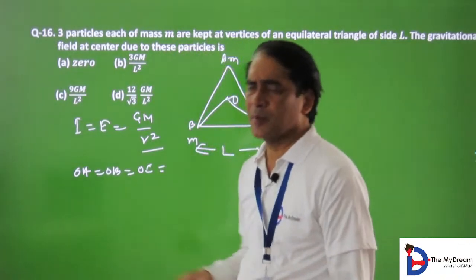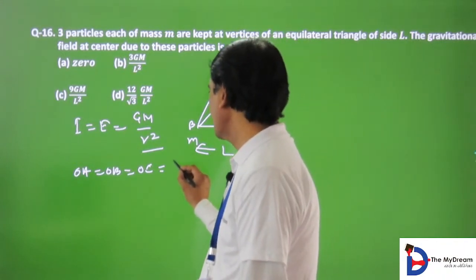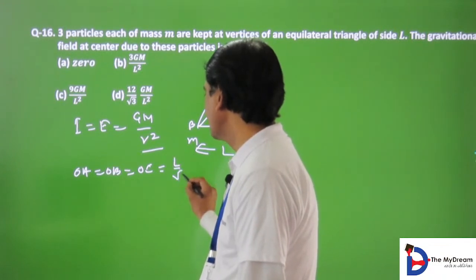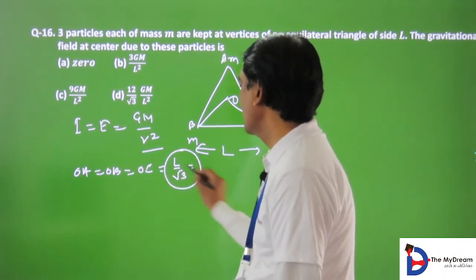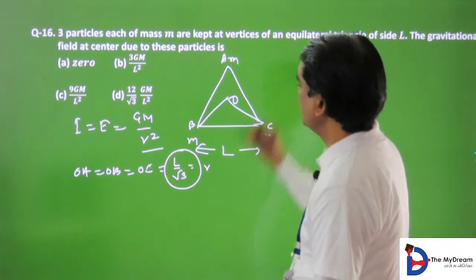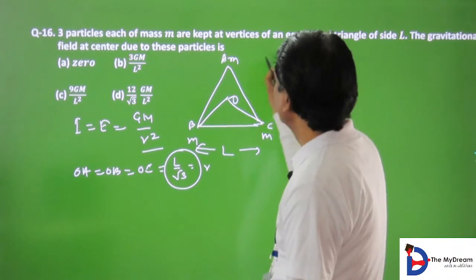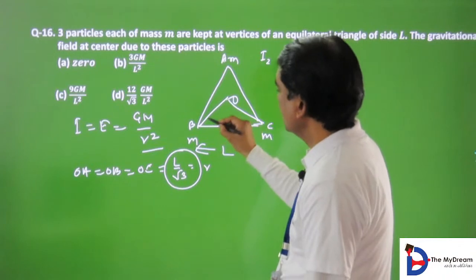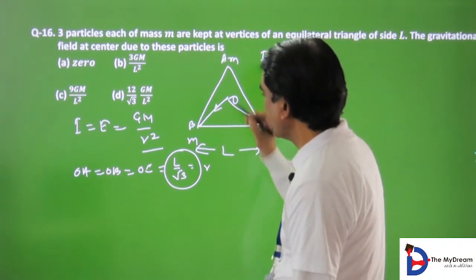In the previous problems we have already calculated that it is L by root 3. That is R. So intensity I2. ये वाला जब इस पर डिस्कस करेगा इंटेंसिटी तो एरो किधर आएगा बेटा?